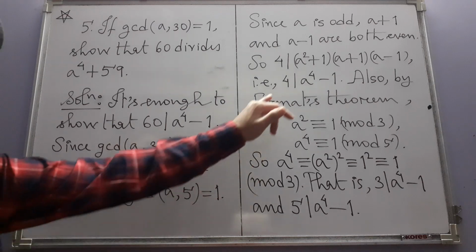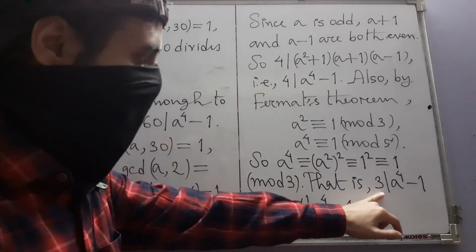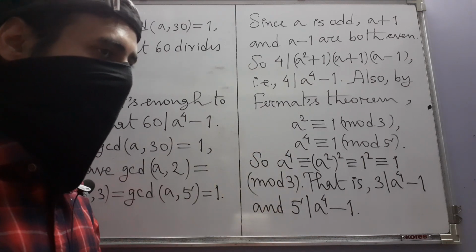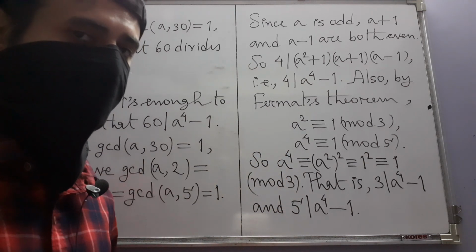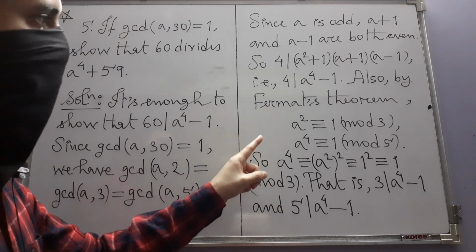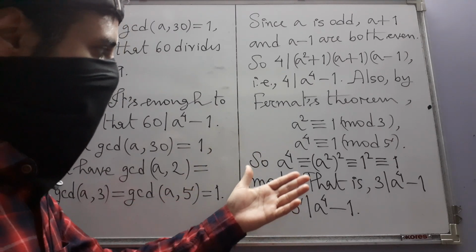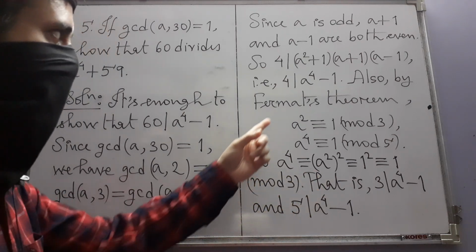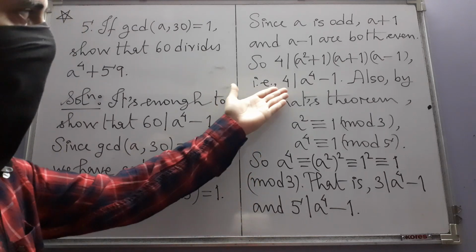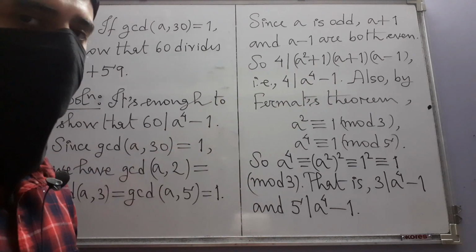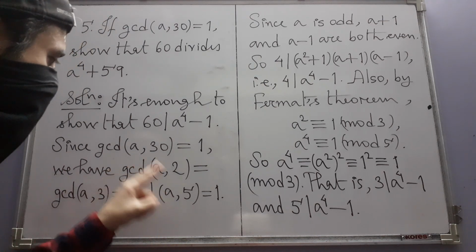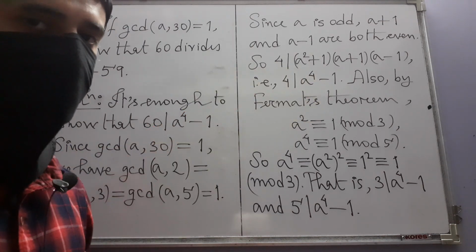So you can now see that 4 divides this and so do 3 and 5. Now 4, 3 and 5 are mutually relatively prime. Note that we are not able to use simply Fermat's theorem for the factor 4 because it's not prime. That is why we had to handle this separately. We however got this again, and the fact that A is odd makes this possible.